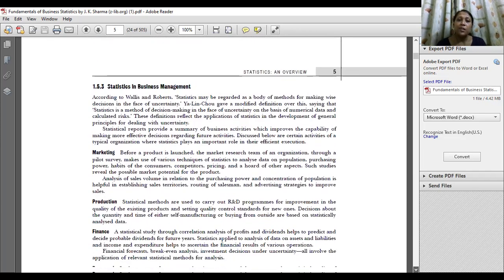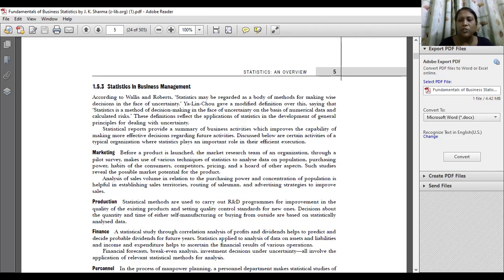Next is statistics in business management. So statistics may be regarded as a body of methods for making wise decisions in the face of uncertainty. Statistical reports provide a summary of business activities which improves the capability of making more effective decisions regarding future activities.